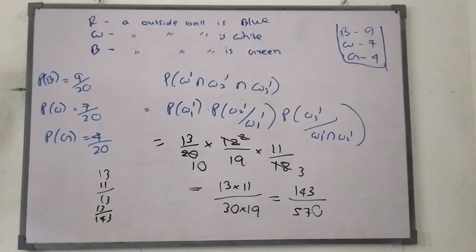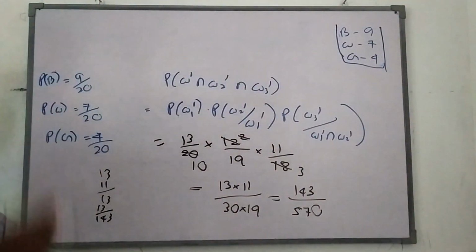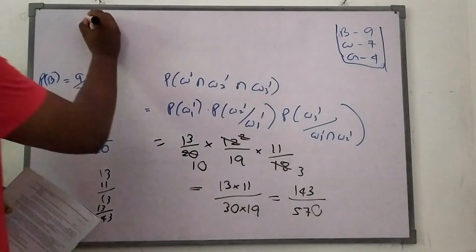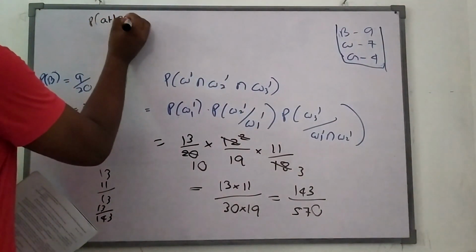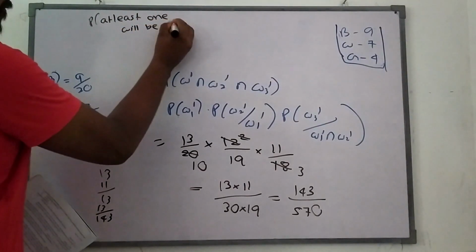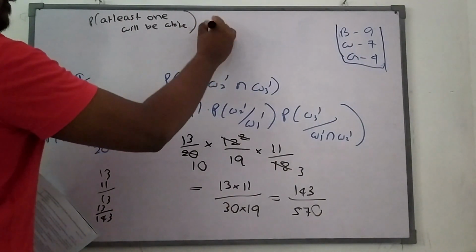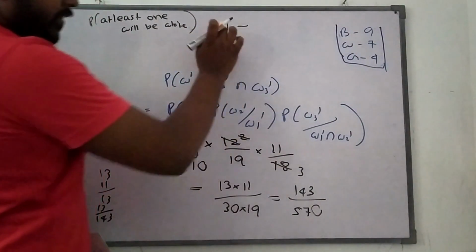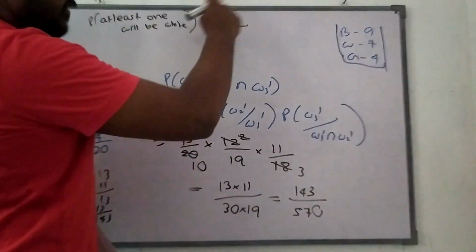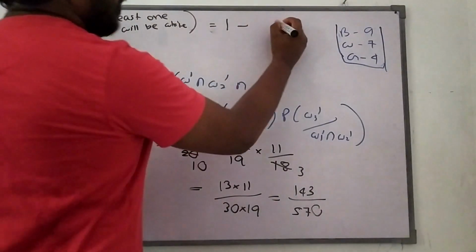But we need to find at least one ball will be white, no? So I am going to subtract this probability from 1, since the total sample space is 1. The probability of the total occurring is 1.